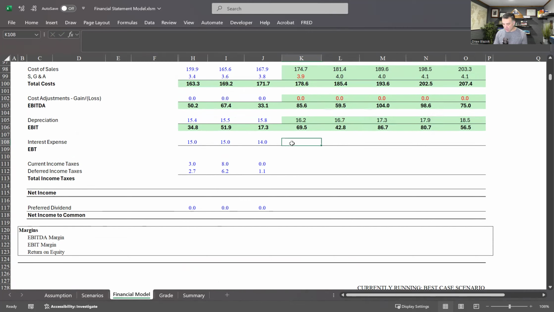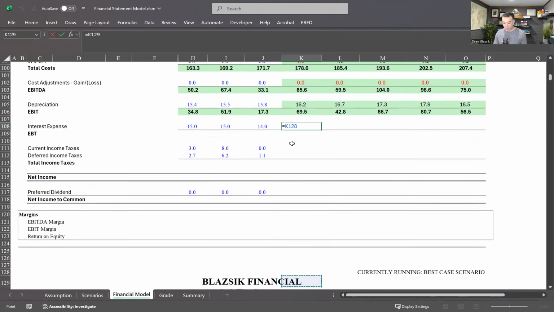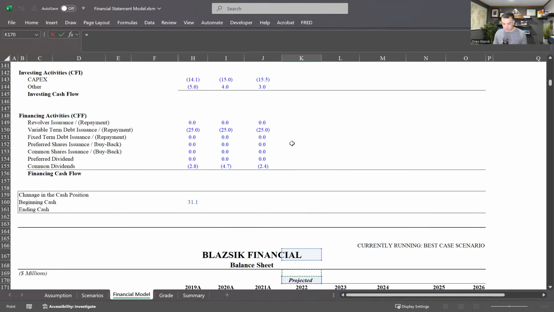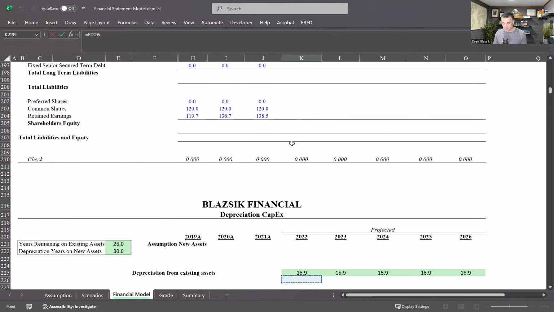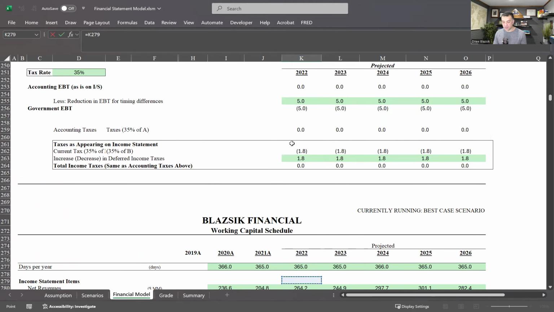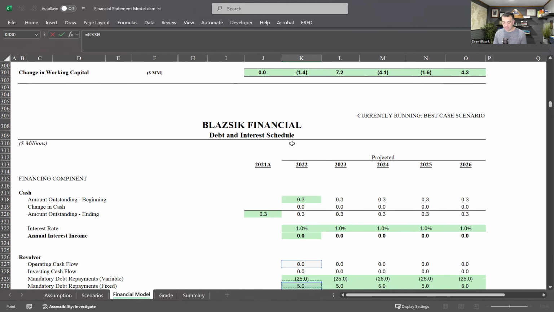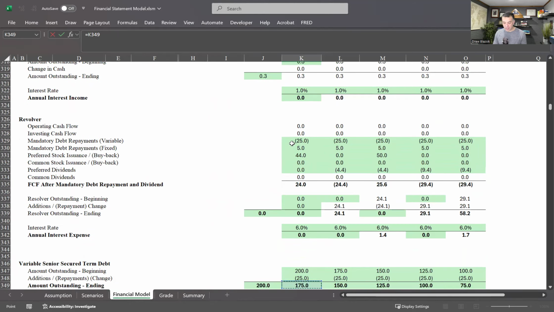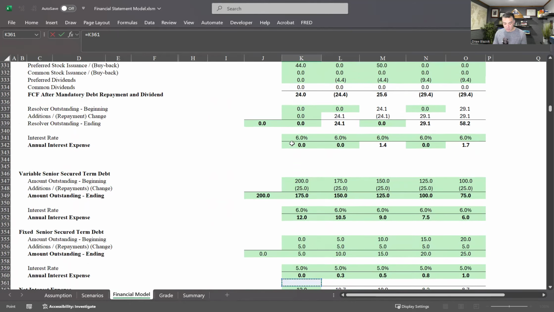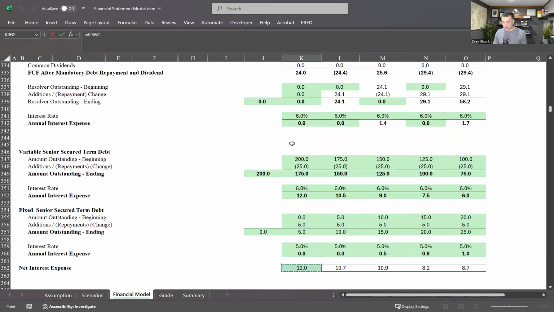This time I'm just going to drag in our interest expense. So I'm going to go all the way down to the interest expense, which is second to the last, our debt and interest schedule. At the very bottom is our net interest expense.